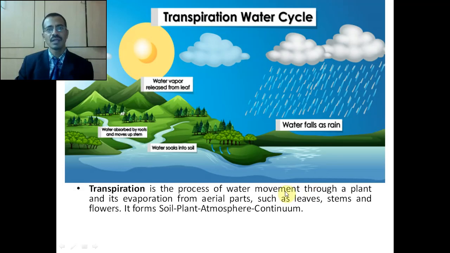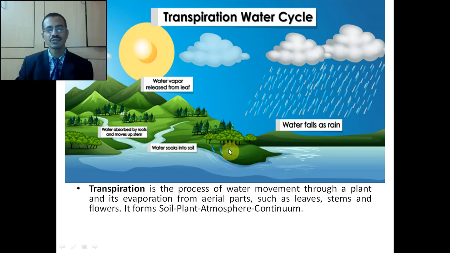And now we see SPAC. What is SPAC? Transpiration is the process of water movement through a plant and its evaporation from the aerial parts such as leaves, stems and flowers. As we discussed earlier, the water is taken through the roots into the plants.